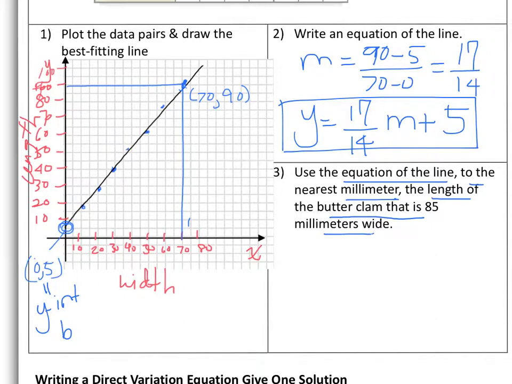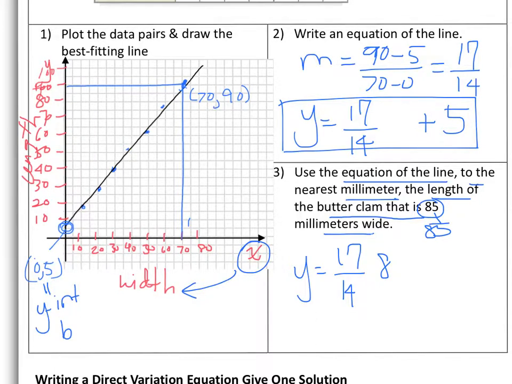Okay, so remember, my x represents the width. So I am 85. When the clam has a width of 85 millimeters, what is the length? Y is the length, okay? I need to apologize one more time.